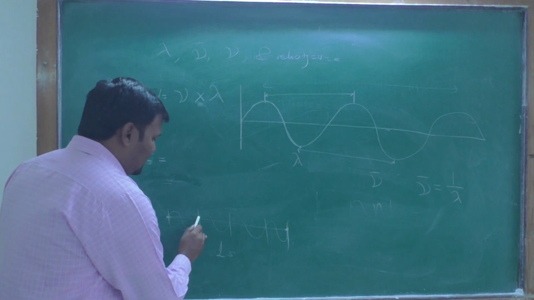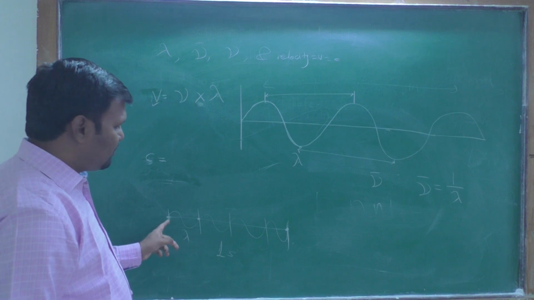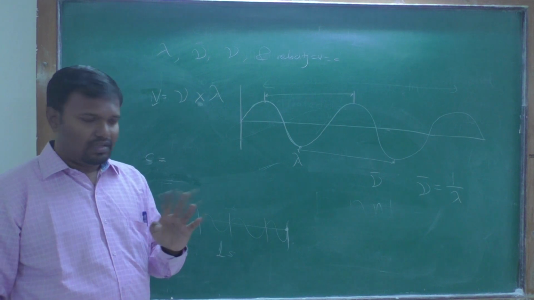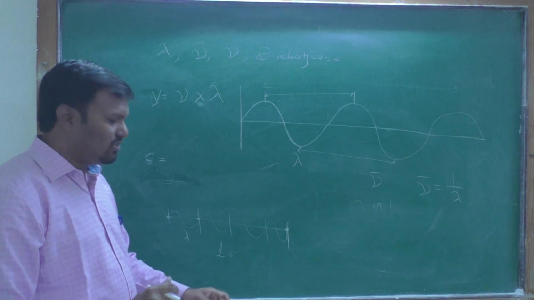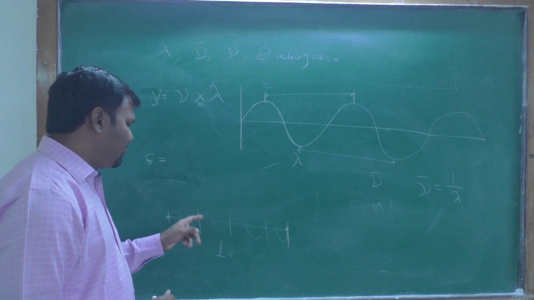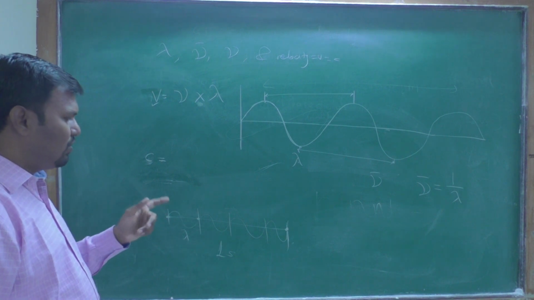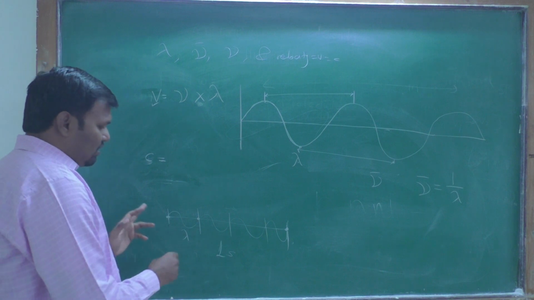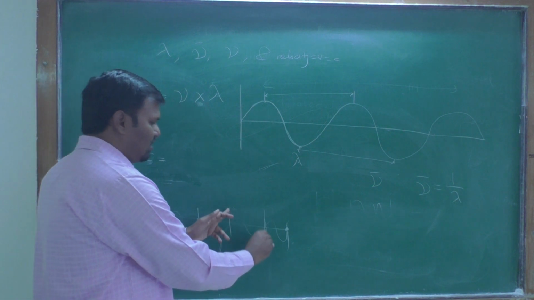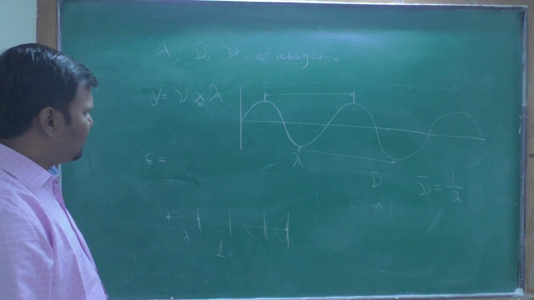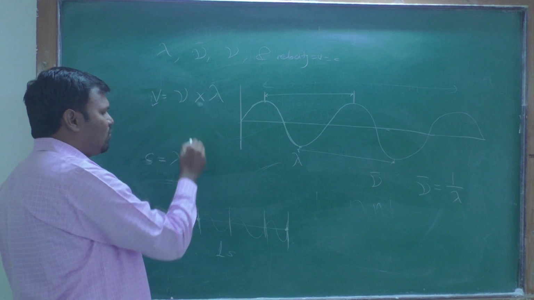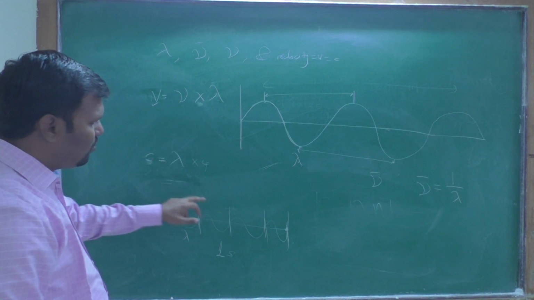Therefore, if in 1 second 4 waves, 1, 2, 3, 4, pass from that point, because they reach there, then in 1 second 4 full waves or full cycles pass. So if you find the velocity, it is first lambda, second lambda, third lambda and fourth lambda. The number of waves passing is 4, so the frequency is 4, therefore C is equal to 4 lambda.